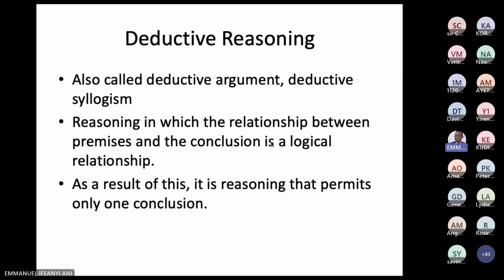And because of the logical nature of the relationship, it can only lead to one conclusion. That's why 2 plus 2 can only lead to 4. You can't say 2 plus 2 is 5 or 2 plus 2 is 7. Because of the logical nature of the relationship between the premises and the conclusion, the premises usually lead to one conclusion. So that tells you that deductive reasoning derives from mathematics.